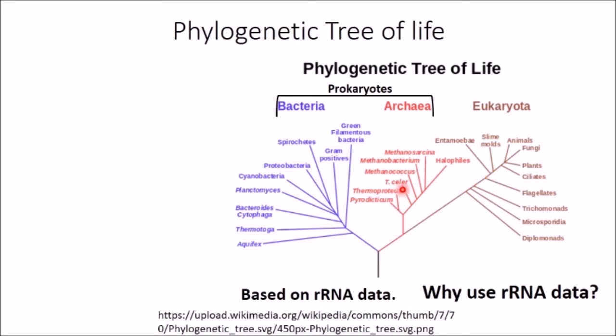All right, now this tree is based on ribosomal RNA data. So we took ribosomal RNA data from all these bacteria and mapped it and compared them and made this phylogenetic tree of life, based on differences in the genome. And we use ribosomal RNA. Why? The ribosome is an integral part of every single cell that is alive. Every single cell that is alive has a ribosome.